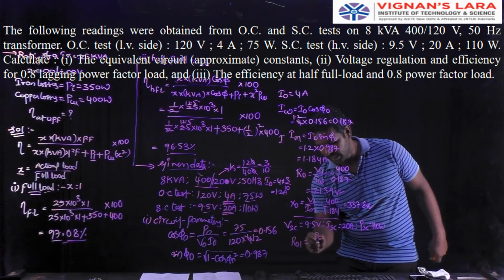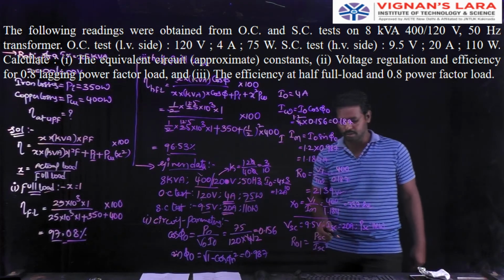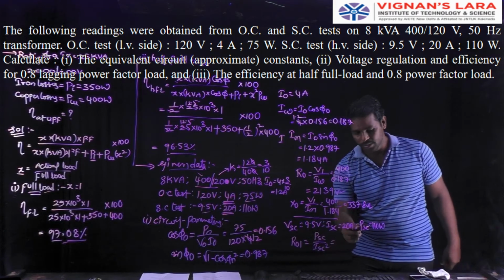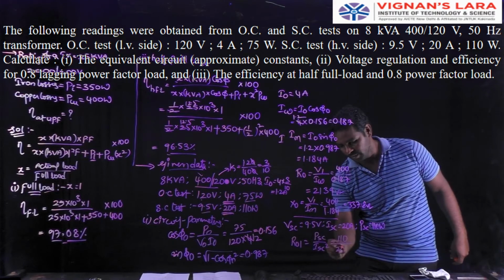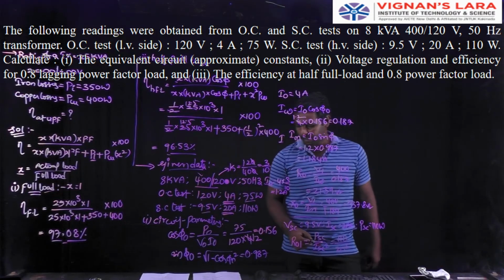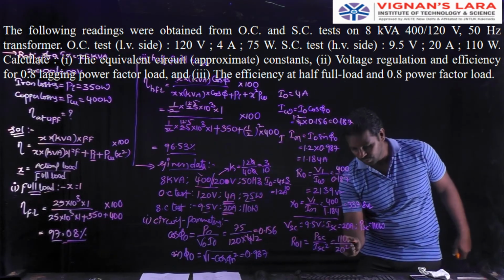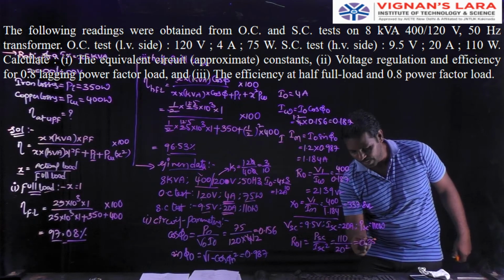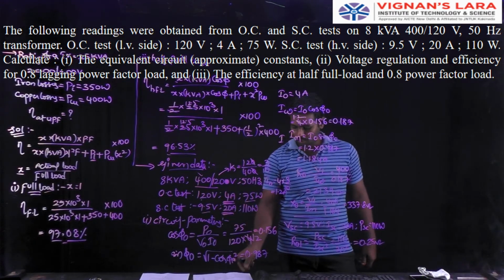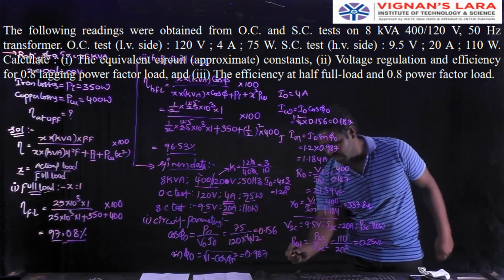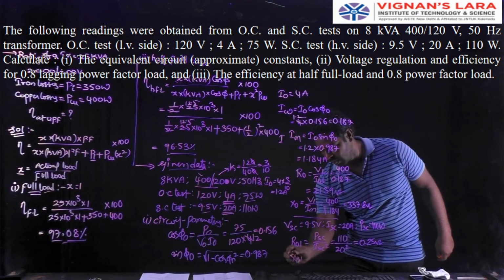PSC divided by ISC square. So PSC is 110 divided by 20 square, which is 0.25 ohms. That is R01.